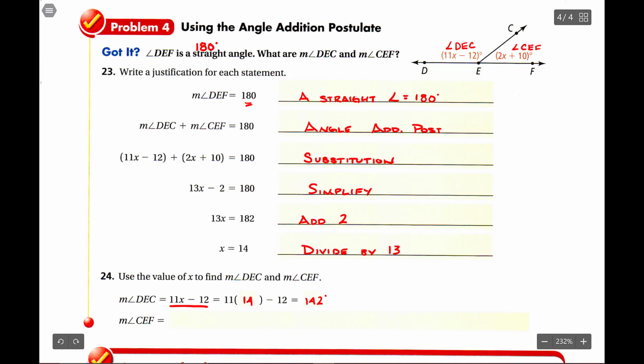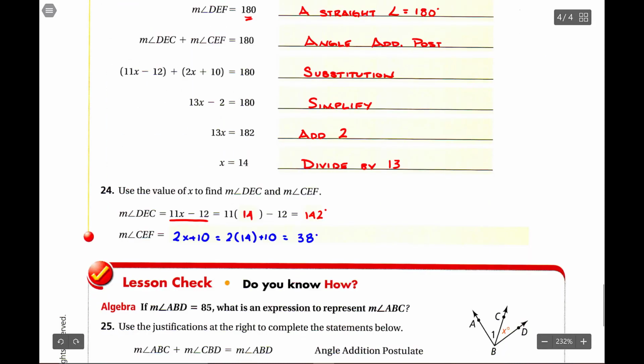The measure of angle CEF, we're given 2x plus 10. We're going to replace x with 14. 2 times 14 is 28. 28 plus 10 is 38. So 142 plus 38 is 180 degrees. That's just a verification that we did come up with the correct straight line.